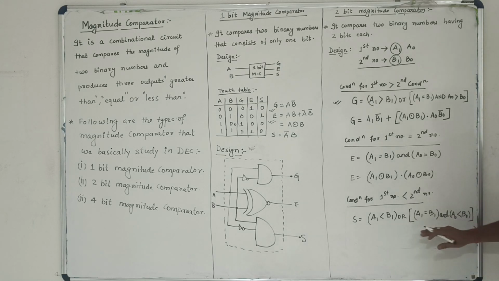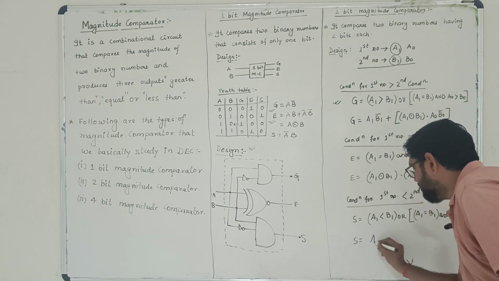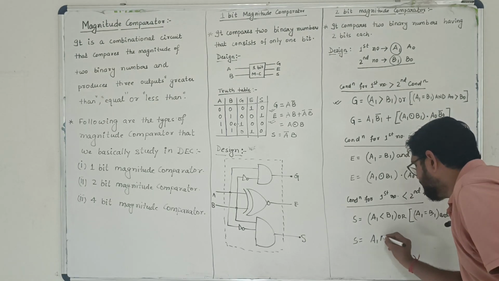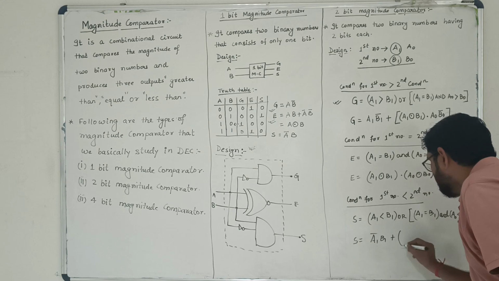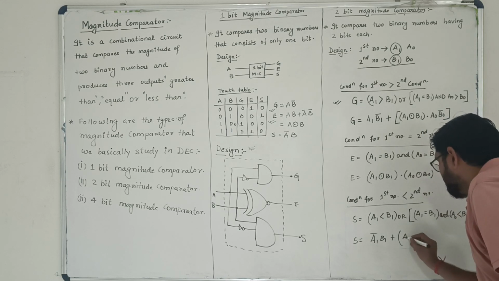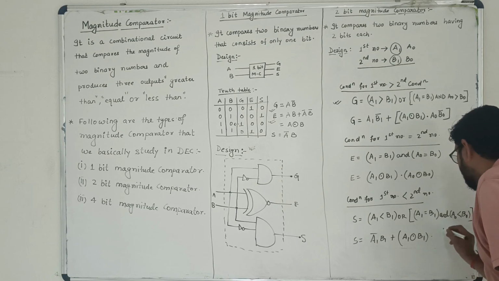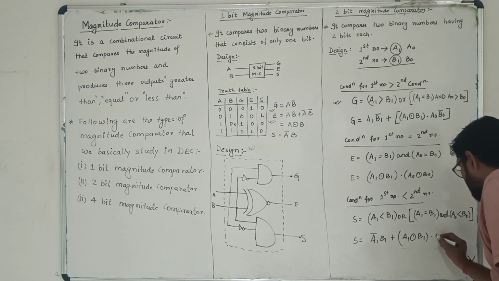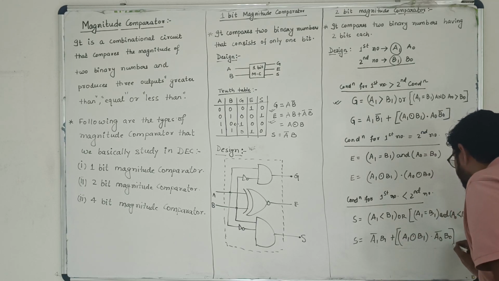So once you have written this condition, you will be able to write the final expression, that is a1 bar b1, or means plus, a1 equals b1 means a1 XNOR b1, and means you put a dot and then a0 bar b0. So this is the expression for S.